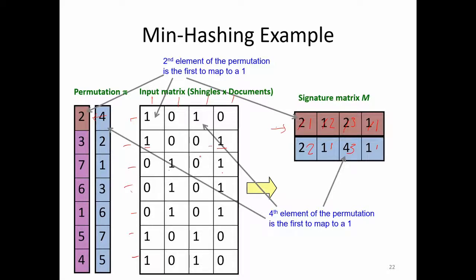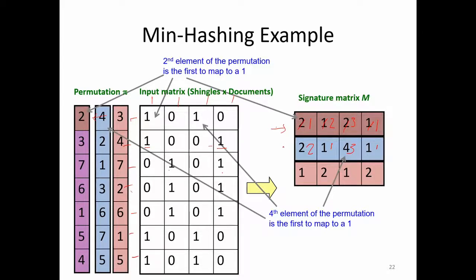And then finally, 3 again, so it's going to be 1 and 1. 4 is going to be the same, 1 and 1, so no change. 7 is going to be 1 and 1 here, so 3 and 3.